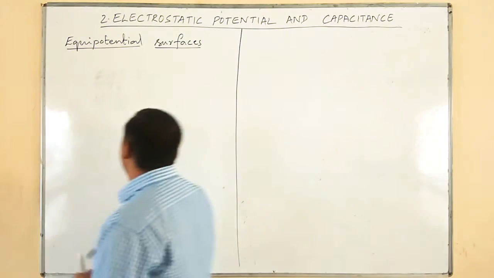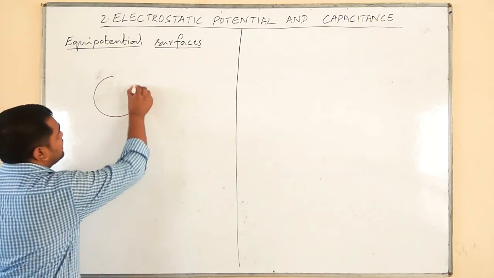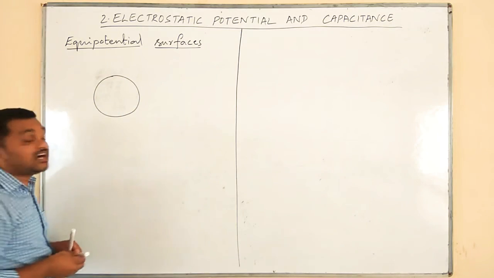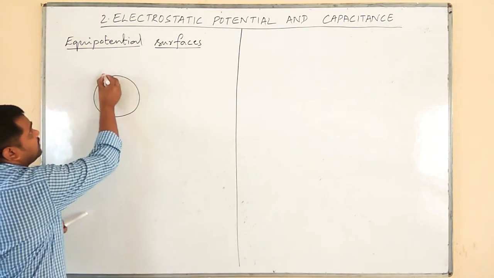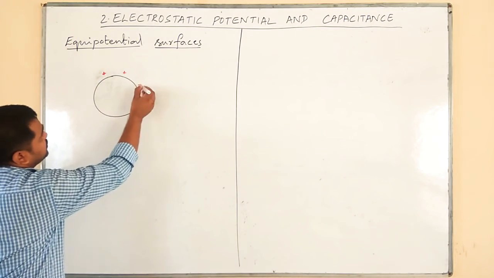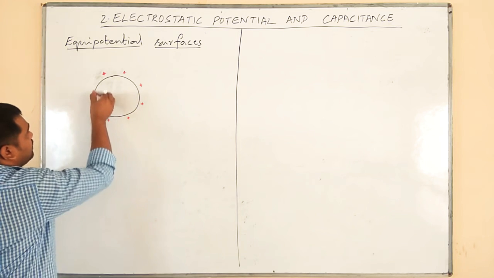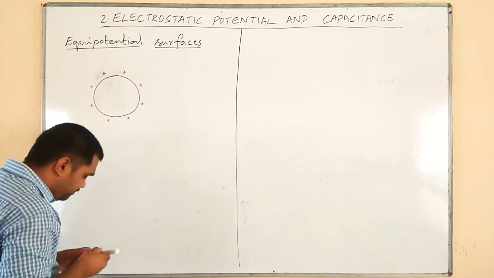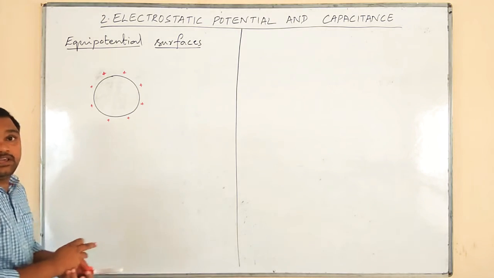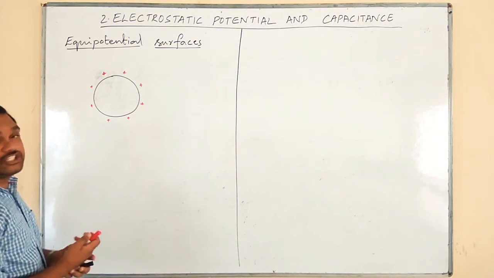For example, if you consider a uniformly charged spherical shell, say positive charges are here, which are uniformly distributed, not randomly. Now it is said to be a uniformly charged spherical shell.